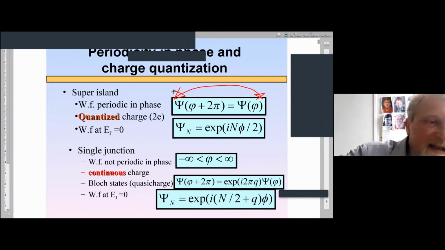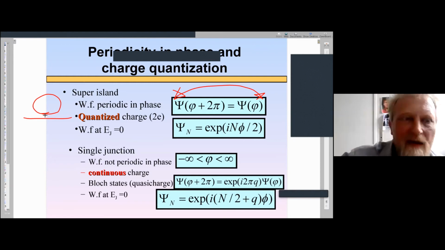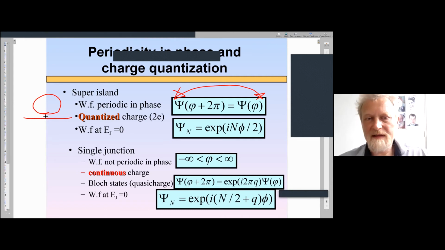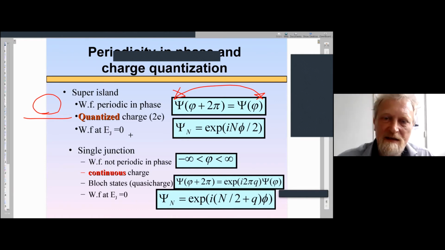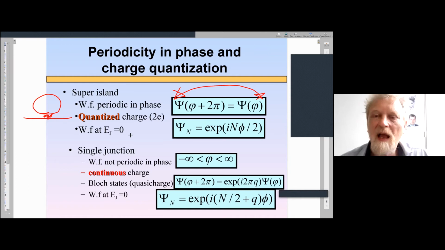And as such, it describes a superconducting island, finite volume, which is connected to the bulk electrode. How can one see that charge is quantized in this case? Just throw away the Josephson energy. Then we have only charging energy, which is kinetic energy, and for purely kinetic energy, eigenstates of the system are just plane waves with quantized momentum.